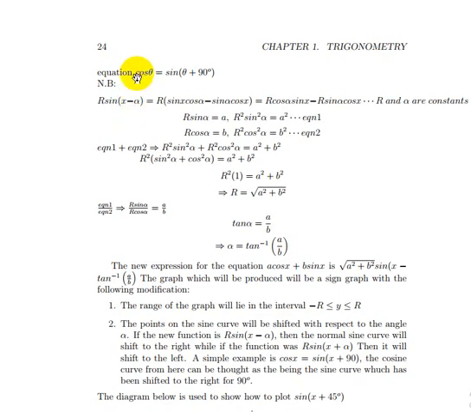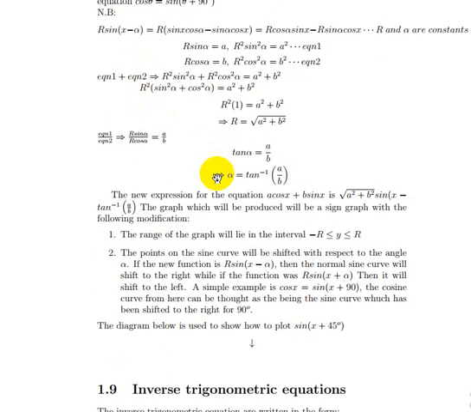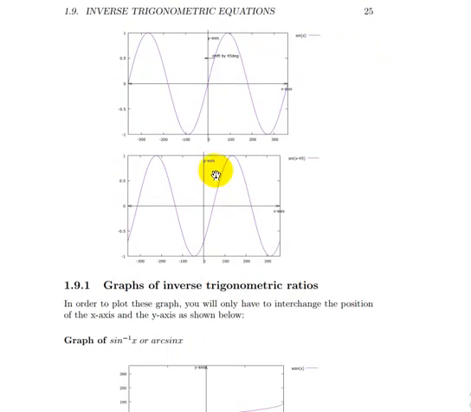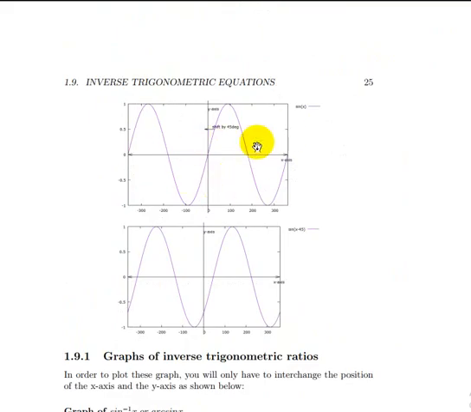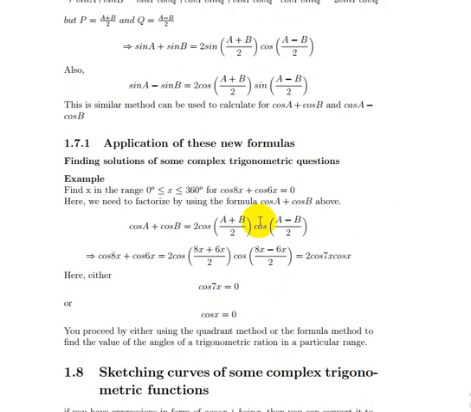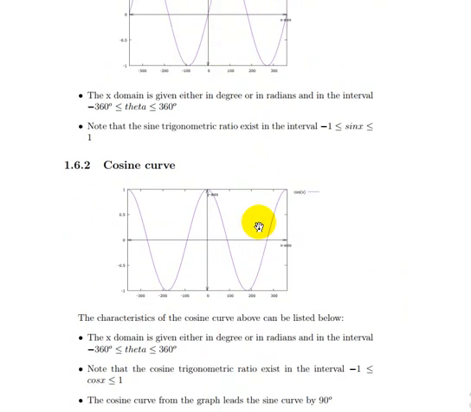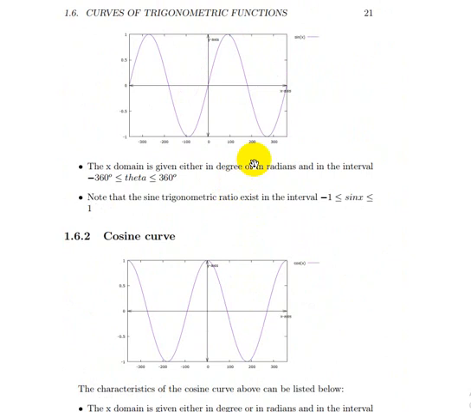Example, you have cos theta equals to sine of theta plus 90 degrees. So let's say we take this example. We know that cos theta is equal to sine of theta plus 90 degrees, and we see from here that there is going to be a shift of 90 degrees.